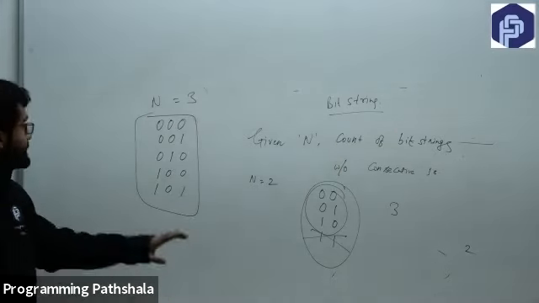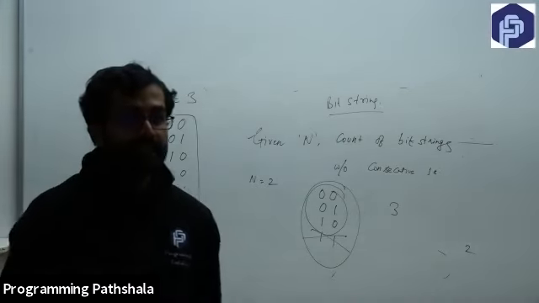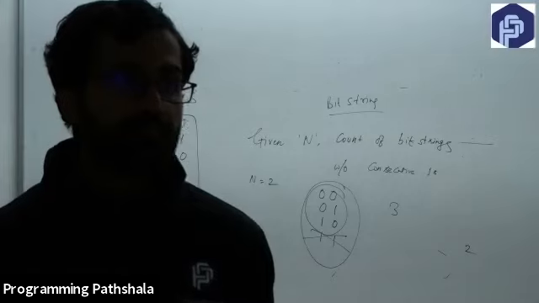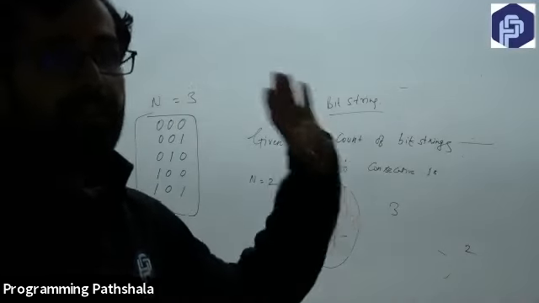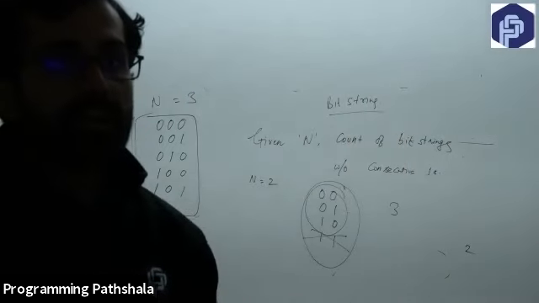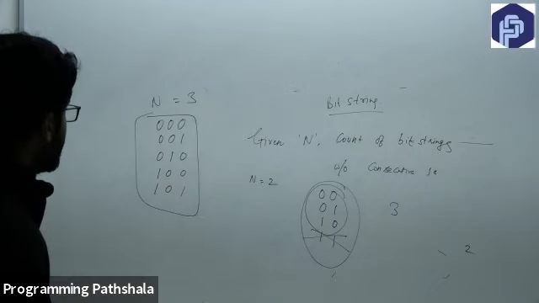How many of you can just think of these 5 bit strings of size 3 that follow this rule? Just say yes. Anything else that you think of will have consecutive ones, is it not? Anything else will have consecutive ones.